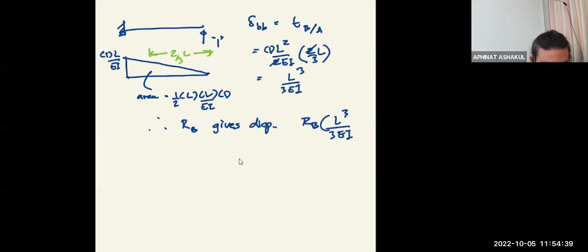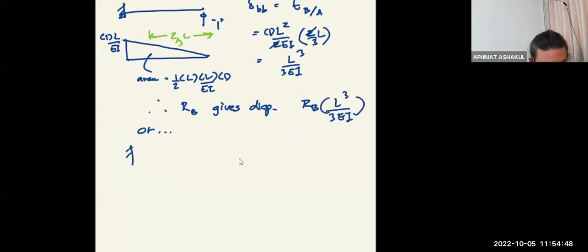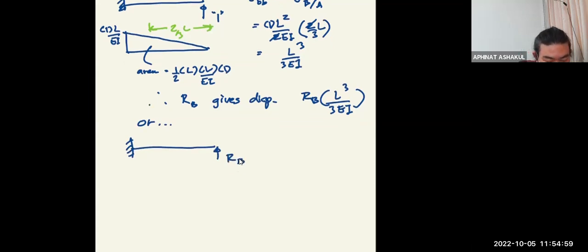Excuse me, it looks really ugly, my beam also looks ugly. If I say this is RB, now my bending moment diagram here becomes RB multiplied by L, divided by EI.